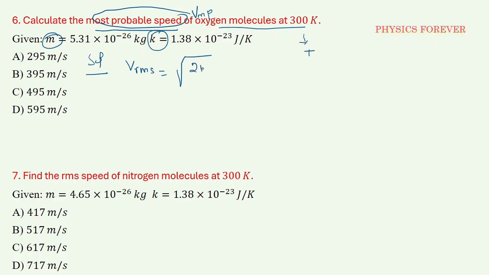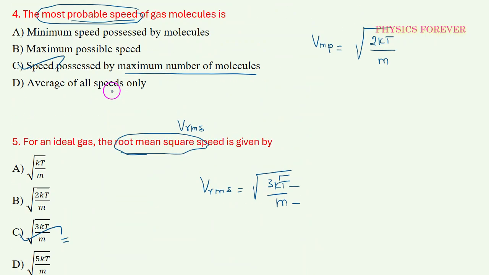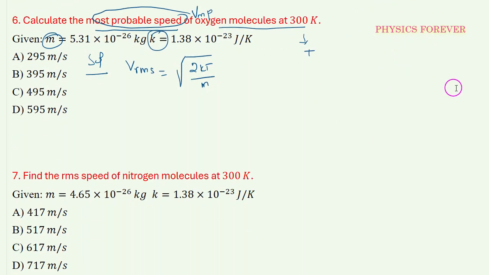Here it is root of 2kT by m. This one is the most probable speed, and that one is the root mean square. Since the question asks for the most probable speed, we take this one. First we calculate 2kT.